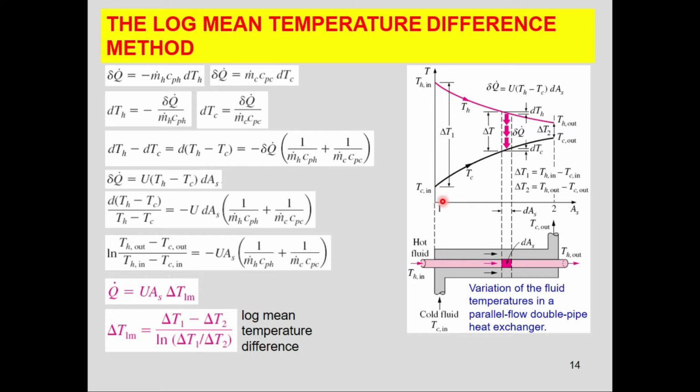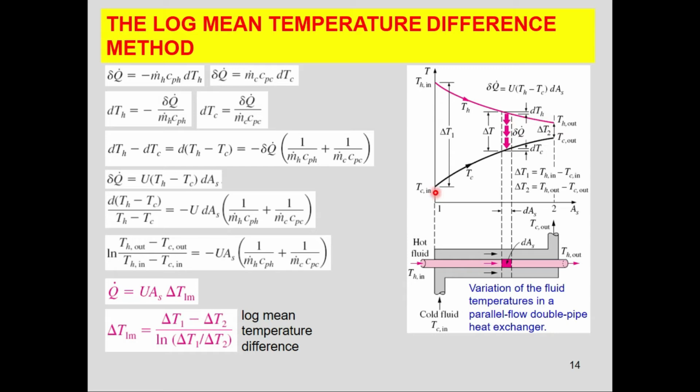The cold fluid, which is entering at this point, has a lower temperature, and along the length of the heat exchanger, its temperature rises. For the hot fluid, as it moves along the length of the heat exchanger, its temperature decreases, and ultimately it comes out at this temperature.